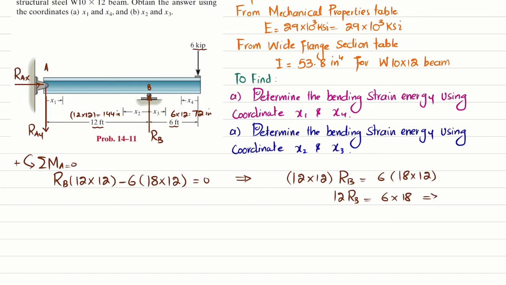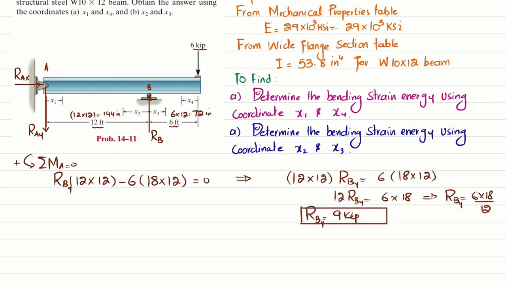RB is 6 multiplied by 18 divided by 12, so RB will be equal to 9 kips. This is RBY because it is the vertical component.